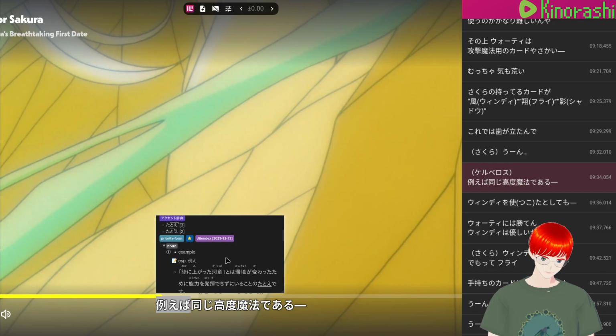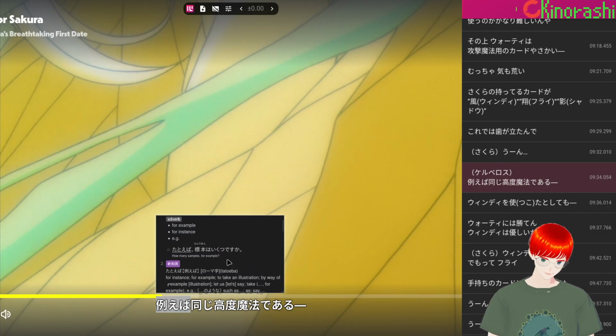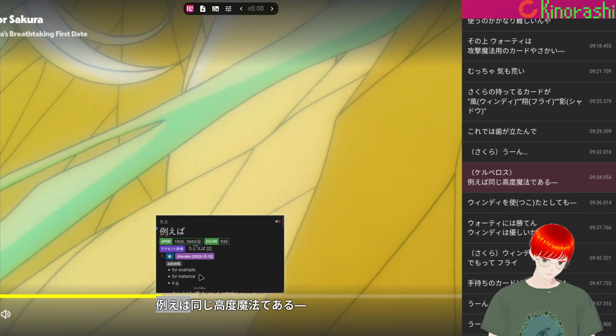So 例えば would be if you compare, which is why it's being used in an adverbial way: for example, for instance.